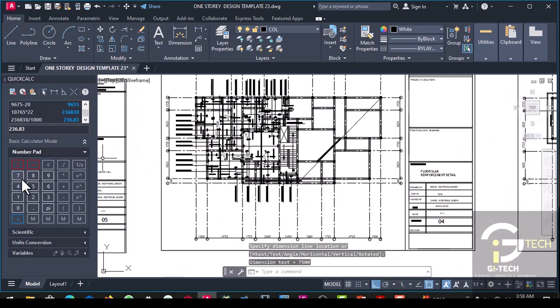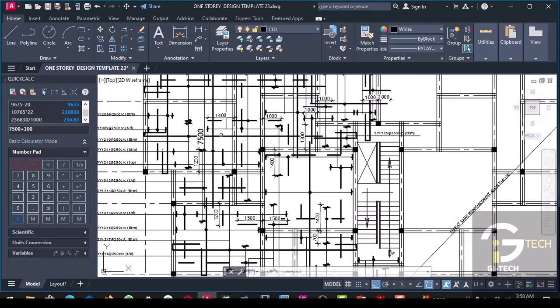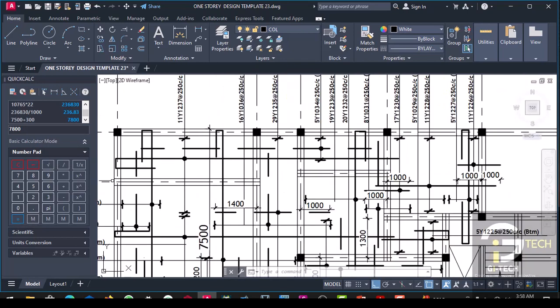So you take note of that, 7,500. You add the 300 projection or lap length, so we have 7,800. Then you subtract 20, which is our cover.